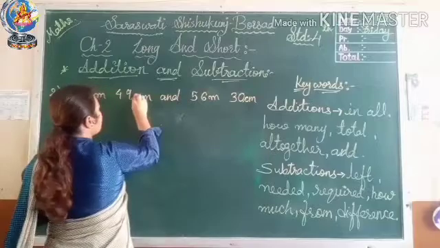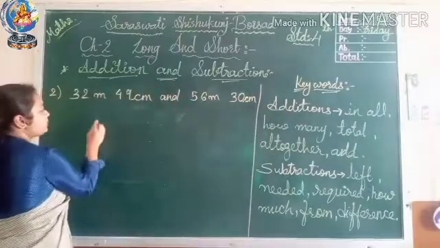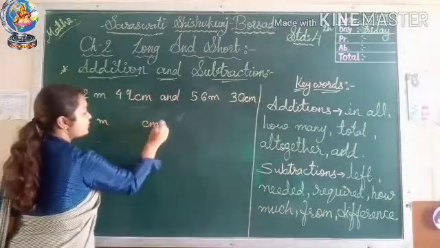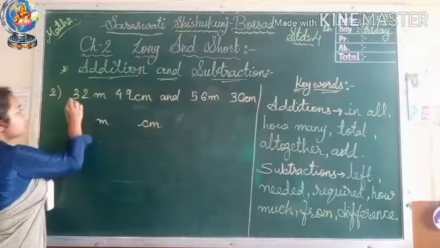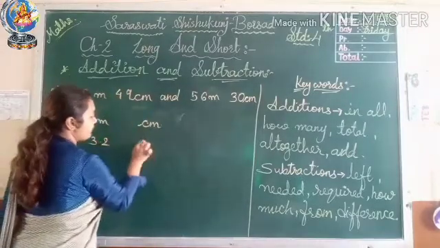Okay, so here is your sum. First of all, what we have to do, first we have to write meter, centimeter. Okay, then 32 meter, so we will write here 32, 49.